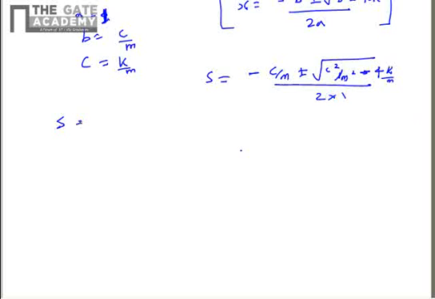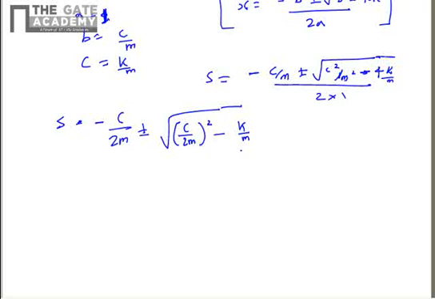So we'll get s equal to minus c by 2m plus minus square root of c by 2m whole square minus k by m. We have taken the denominator 2 inside the square root, so it will become 4. It will cancel the 4 here and become 2m whole square. So this is the solution for the values of s. As you can see, we have got two solutions.